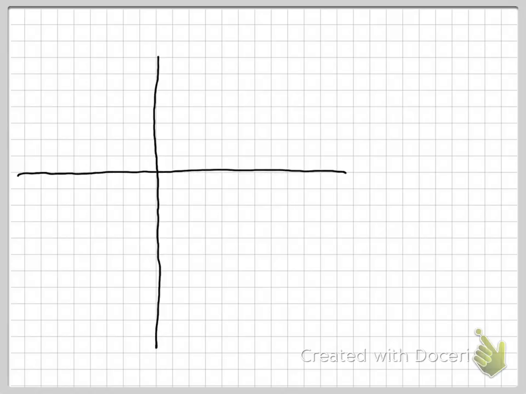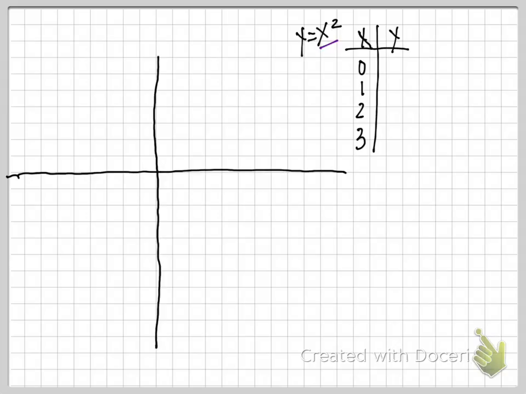Like this. Beautiful. And I want to graph x and y. So here's my x, here's my y. So let's plot the points 0, 1, 2, and 3. And this is for y equals x squared. So if x equals 0, and I'm plugging it in here, then y would be 0. So I'm going to put a point at 0, 0.